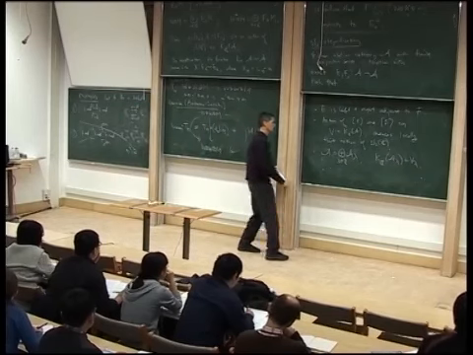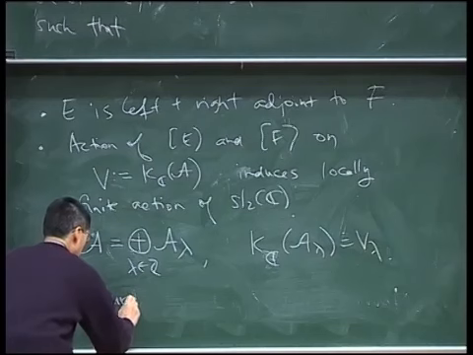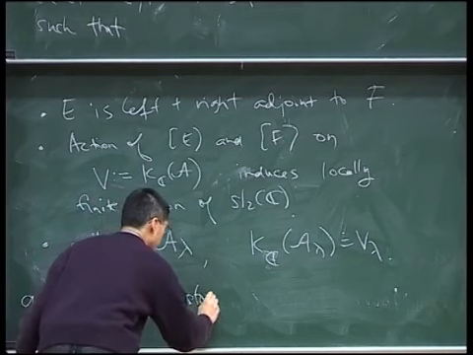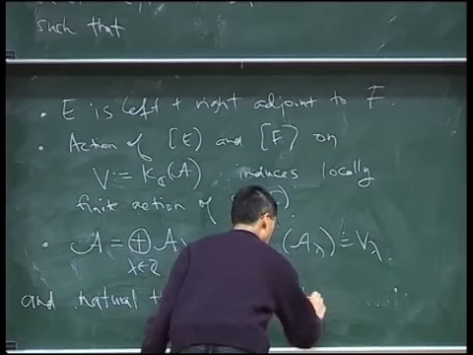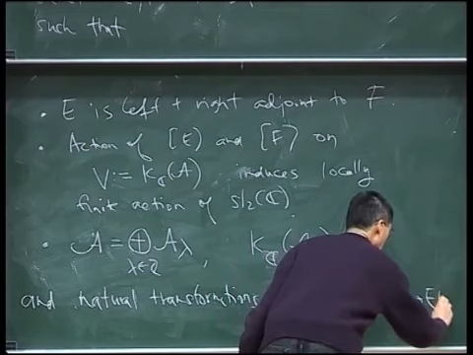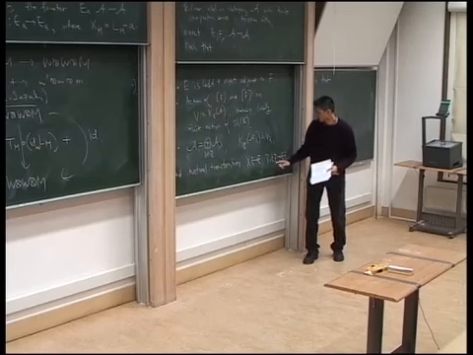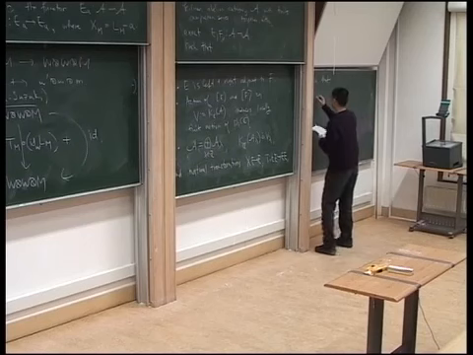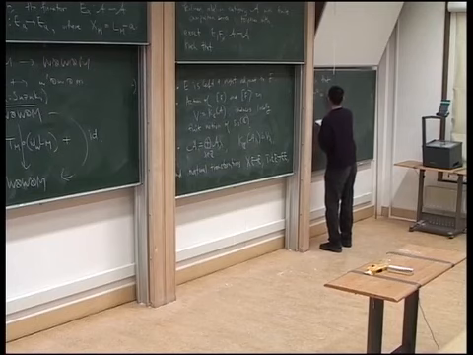So we want also some natural transformations x of E and t of the square of E, such that the t should satisfy some kind of braid relations. So first, it should square to the identity.